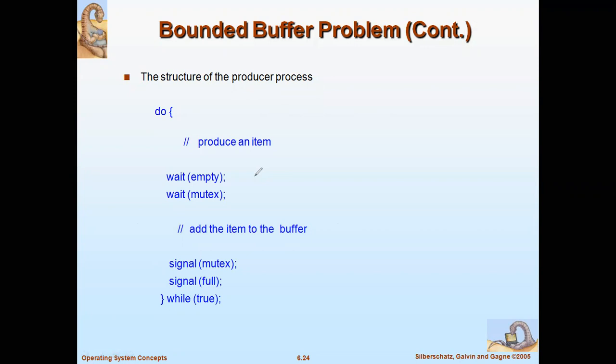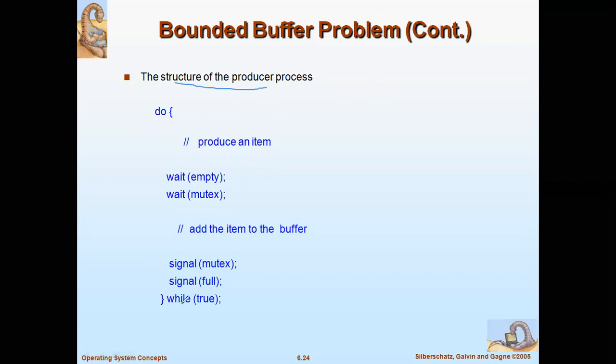Here the common thing between the producer and consumer is the buffer. They should be synchronized, and they are not supposed to change the values in the buffer such that it results in inconsistency. They should carefully modify the contents of the buffer. So let us now see the structure of the producer process.